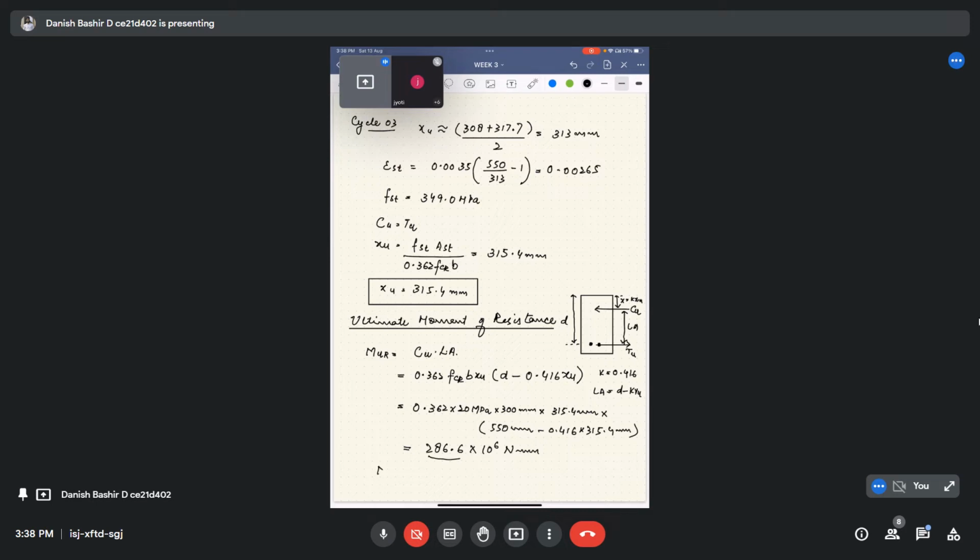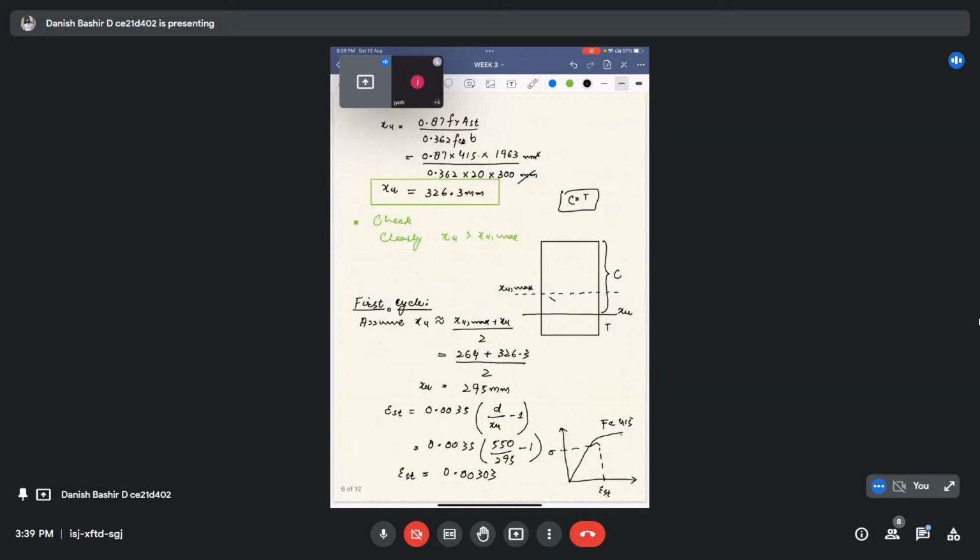You will round it off to an acceptable value, 287 kilonewton meter. This is our MUR. So we completed this analysis problem of a section which was having depth of the neutral axis greater than the XU max.